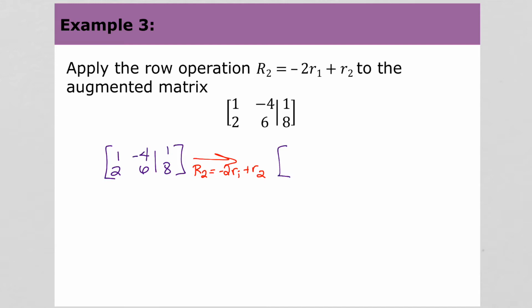Okay, so what happens is row 1 stays the same. And notice I'm leaving some space here. Row 2, we do 2 times what's in row 1 plus what was already in row 2.